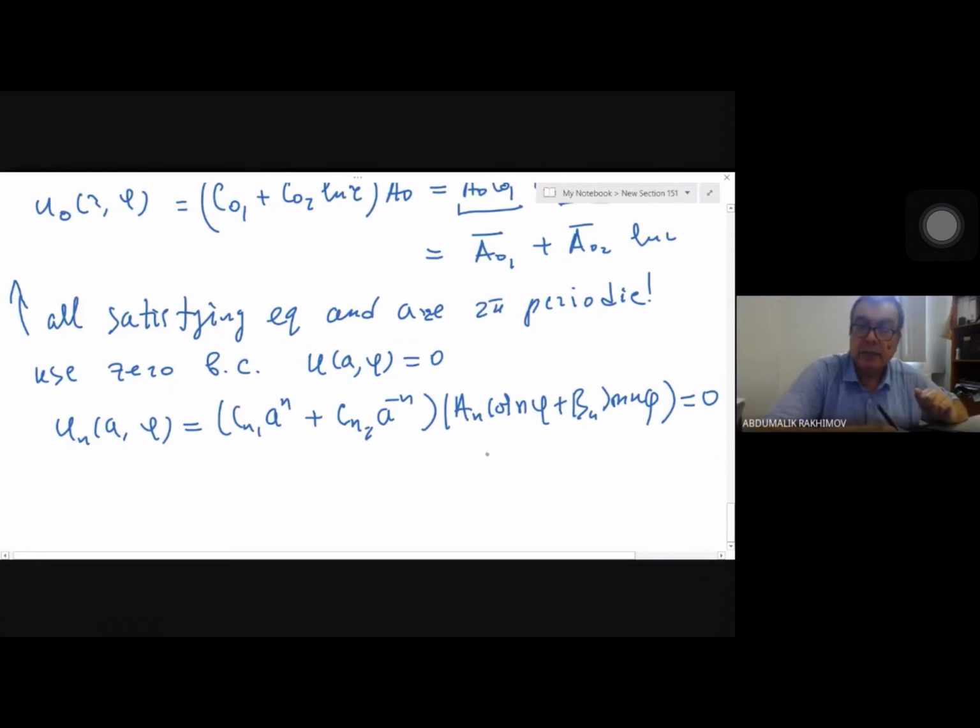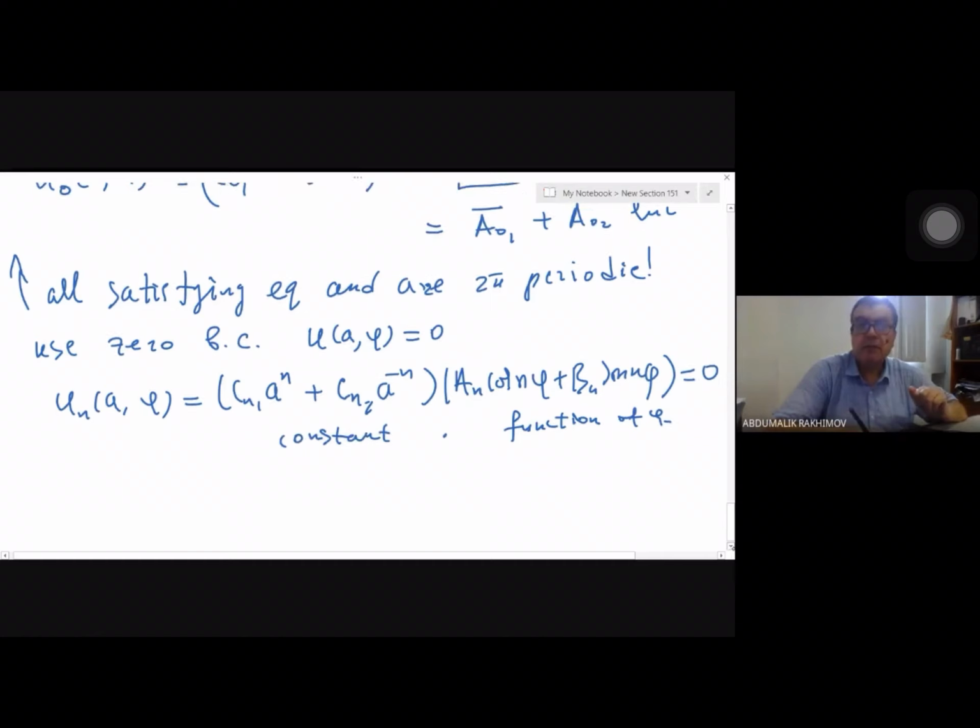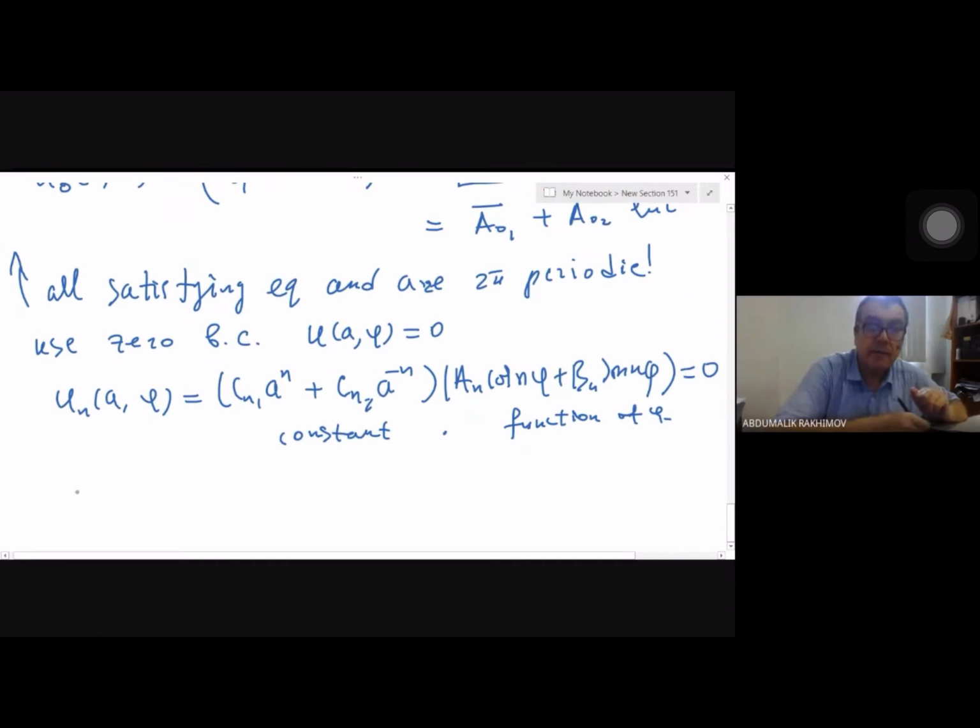The second bracket is a function, and the first bracket is a constant. We have a constant times a function that must be 0. So what is our conclusion? The constant must be 0, right? So Cn1 A to the n plus Cn2 A to the minus n must be 0.